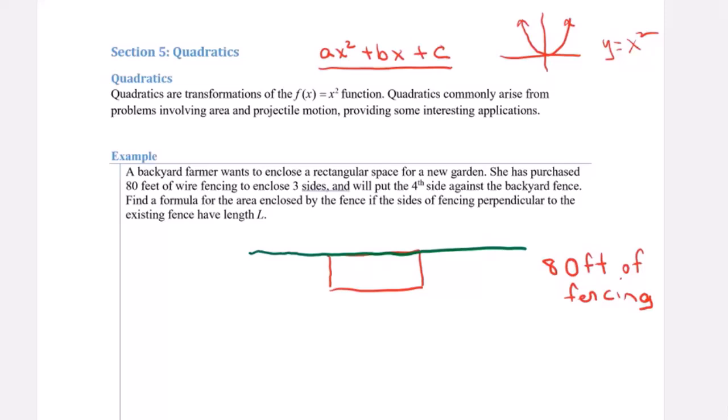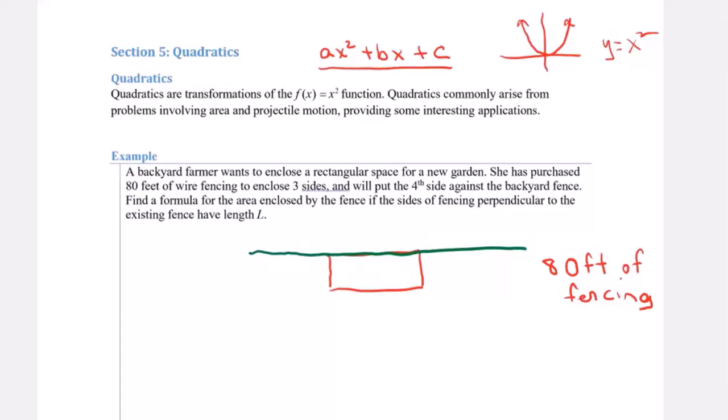Perfect. And we'll put the 4th side against the backyard fence. Find a formula for the area. So we want the area enclosed by the fence if the sides of the fencing, which are perpendicular to the existing fence, have length L.